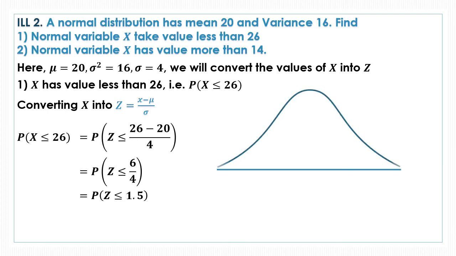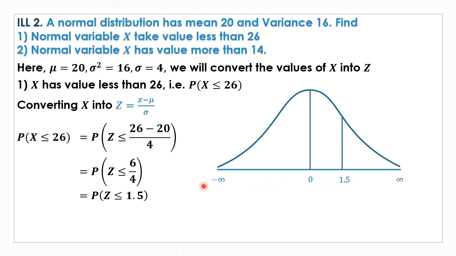Let's draw the curve. Okay, and put the values here, 0 and 1.5. You can see that 0 is in the center and 1.5 is positive, so naturally it is going to be on the right hand side here. And now z is less than, so everything which is less than 1.5 is to be highlighted, but up to where?